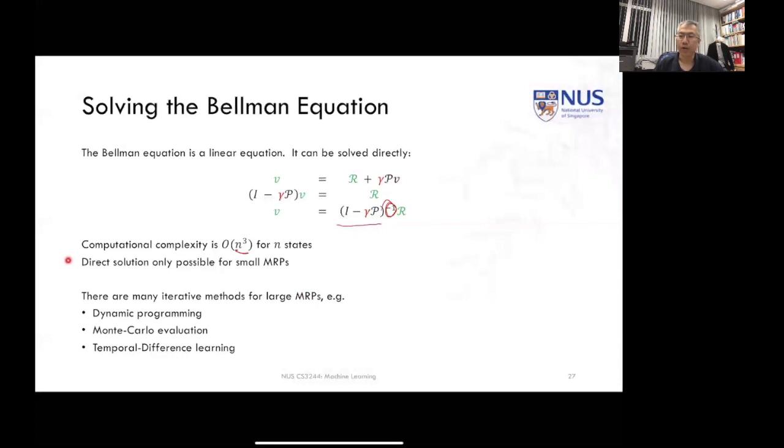So when we have a large reward process, it's often the case in practice, we can't use this directly because the inversion is too difficult, takes too much time. So we're going to have to find some approximate methods, either by stochastic optimization or dynamic programming, which is very common as well.